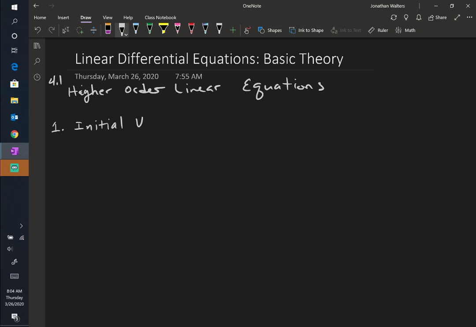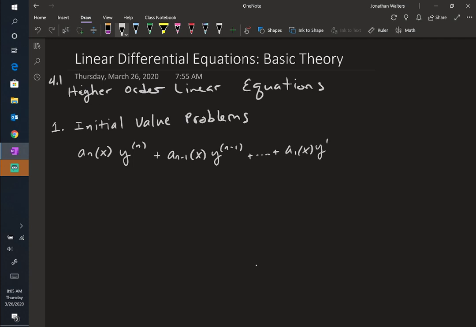An initial value problem for a general nth order differential equation would be of the form a sub n of x times the nth derivative of y, plus a sub n minus 1 of x times the n minus first derivative of y, plus and so on, plus a1 of x y prime plus a0 of x y equals g of x.